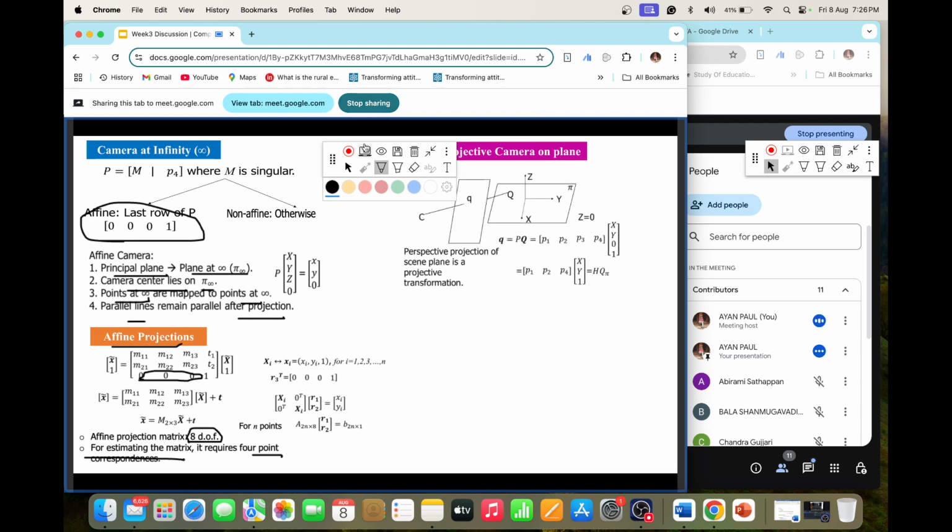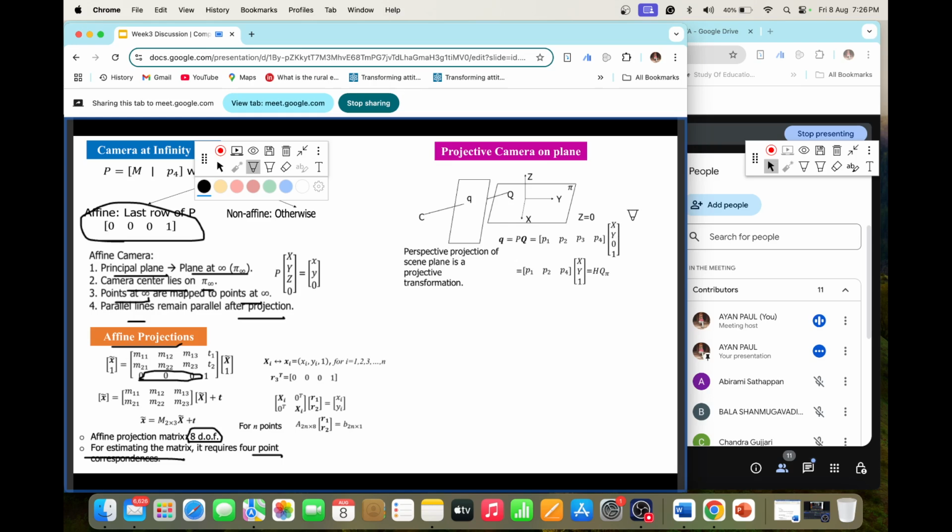Now we have another topic called projective camera on a plane. This is the equation of a plane, and if your z is 0, that means your plane is at the principal plane.